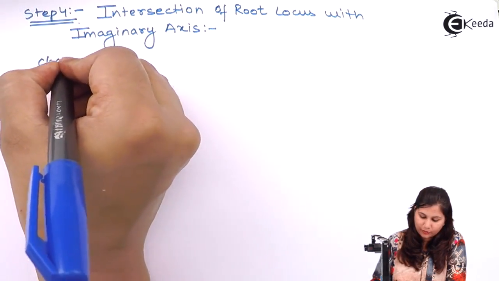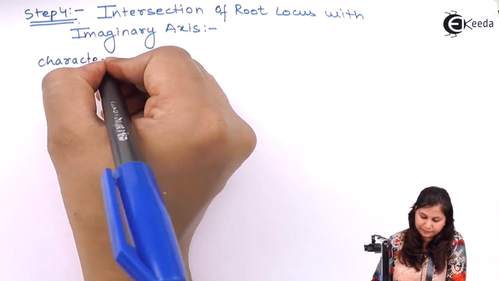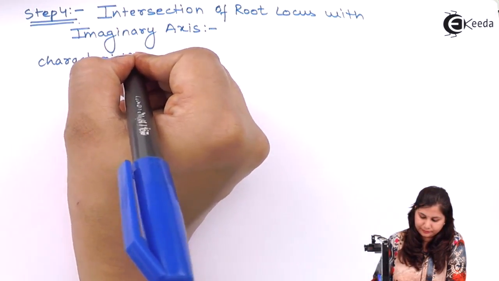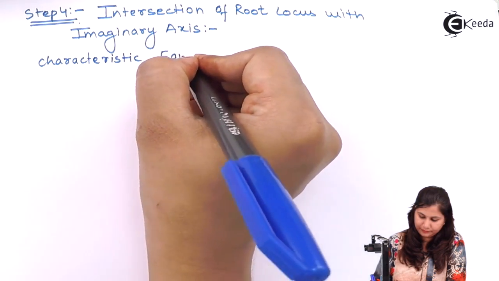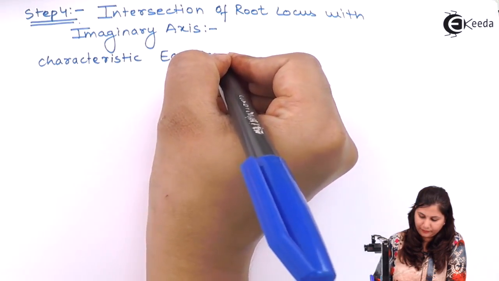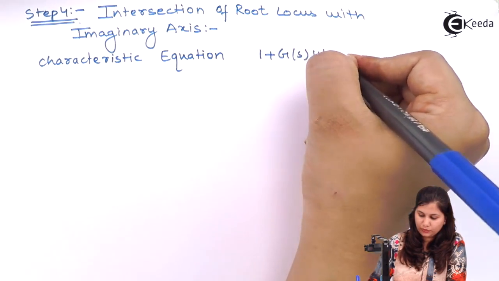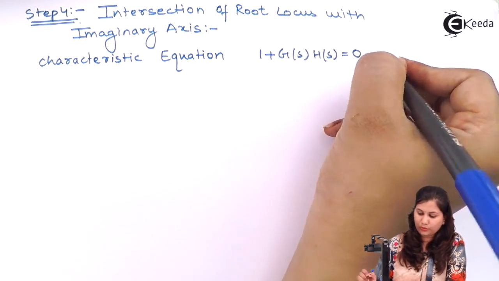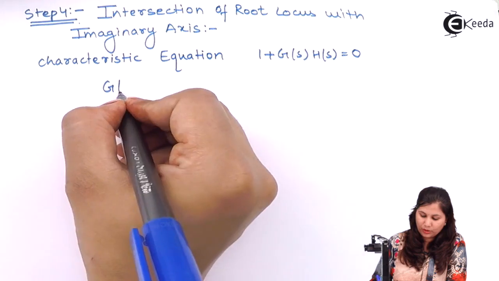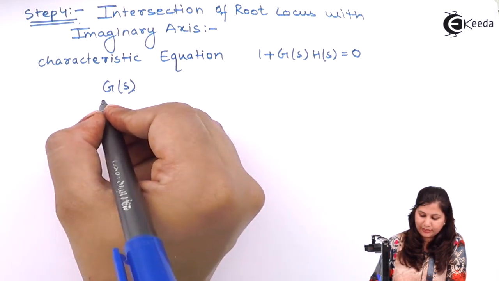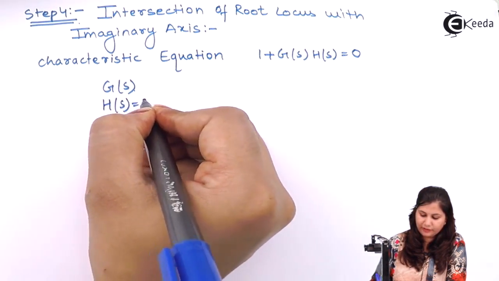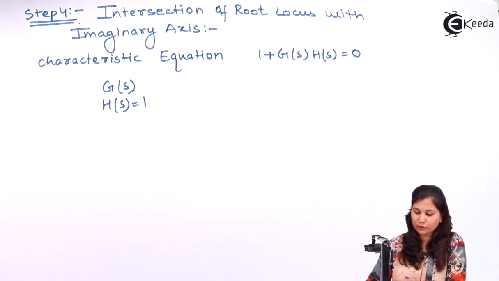The characteristic equation is given by 1 + G(s)H(s) equals 0. G(s) is given to us in the question, and because it is a unity feedback system, H(s) will be equal to 1.